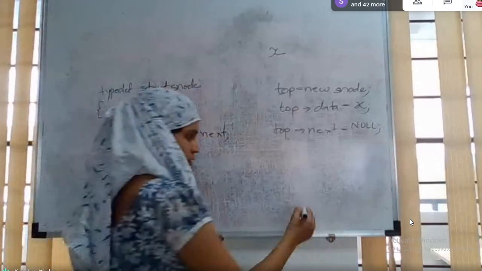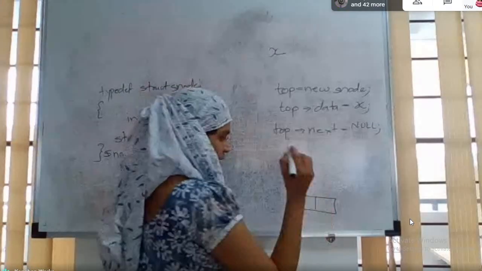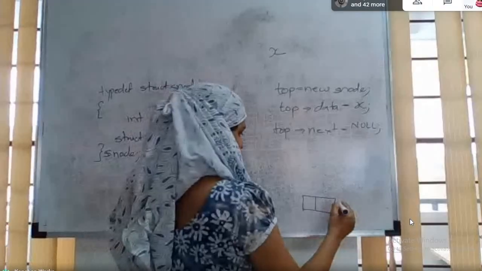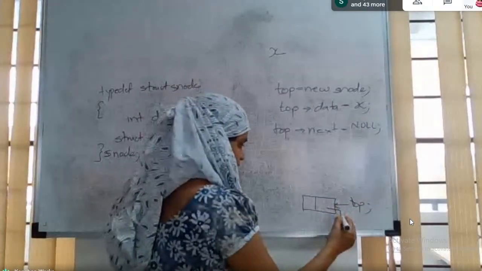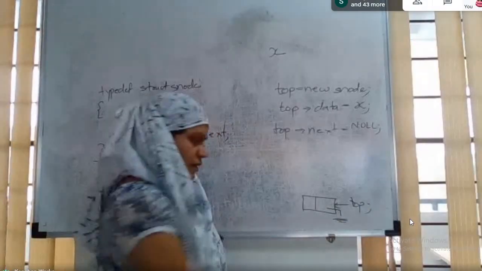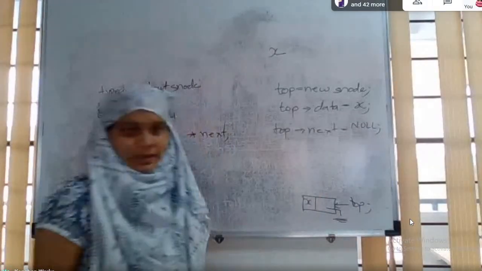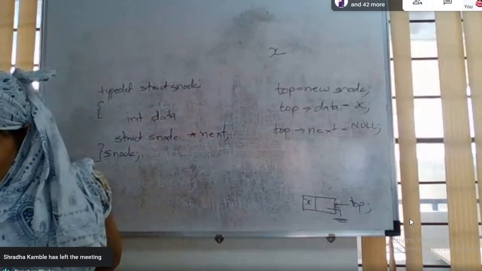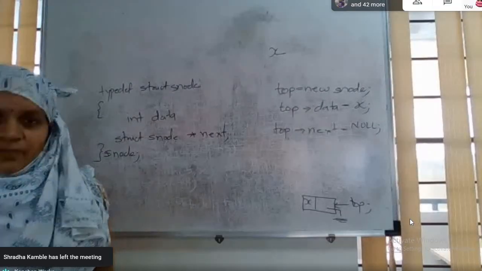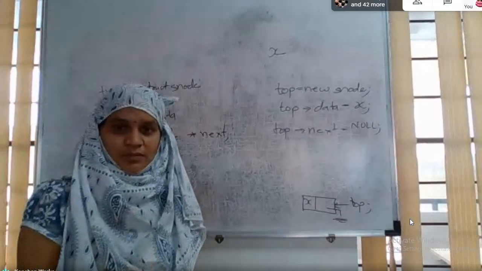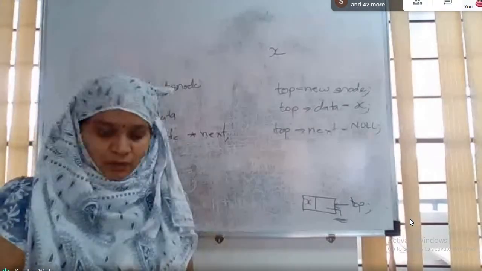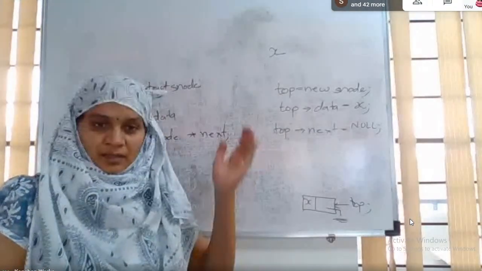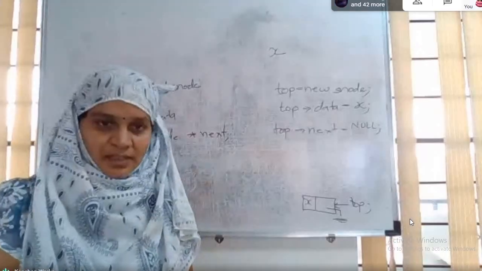So इससे क्या होगा? One node will be created. उसे point कौन करेगा? Top. Yes. And its next field is null and data is X. So in this way, new node will be created. Now, suppose I want to insert or I want to push another element on the stack.